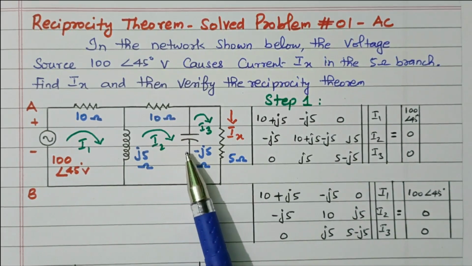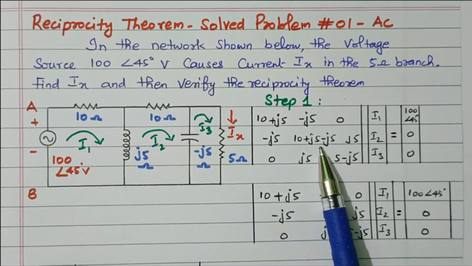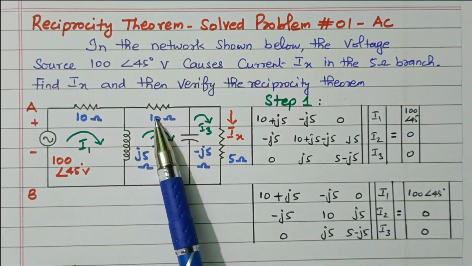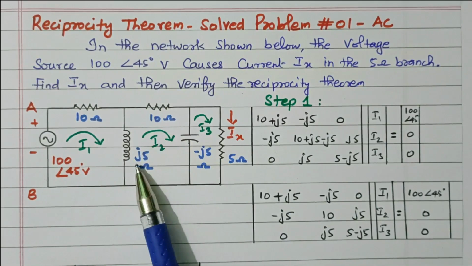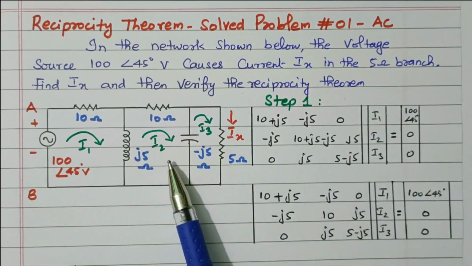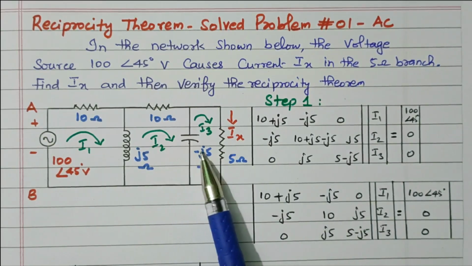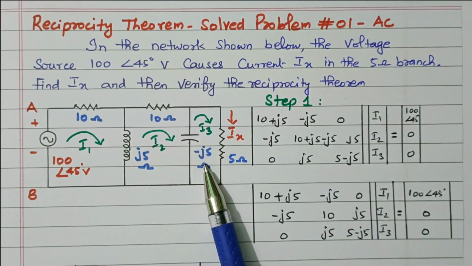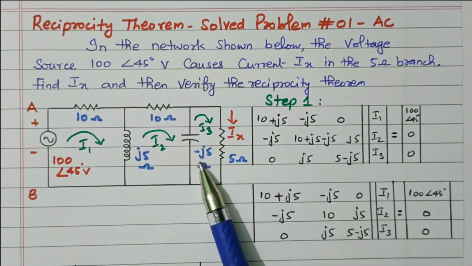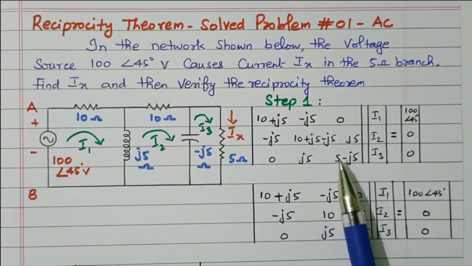Then R22, the impedance available in the second loop, is 10 ohm minus J5 ohm plus J5 ohm. Then R23, the impedance between second loop and third loop, is minus J5. Already one minus we need to put, and here also one minus is there, so it becomes plus J5.